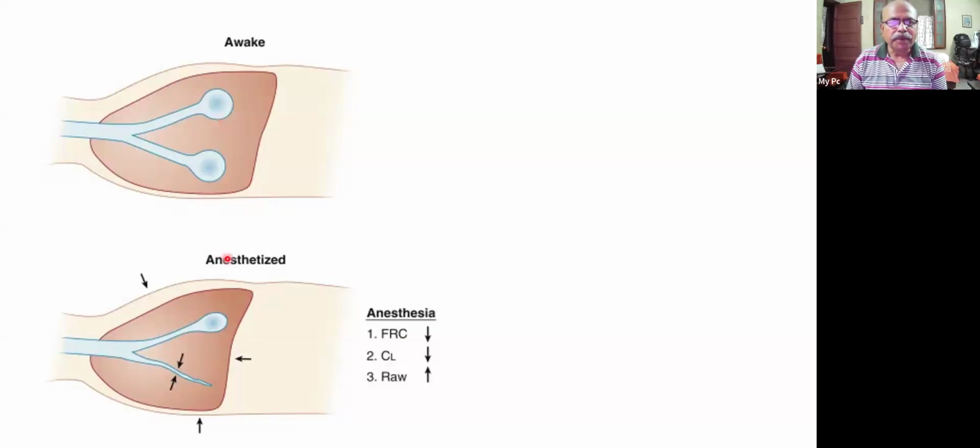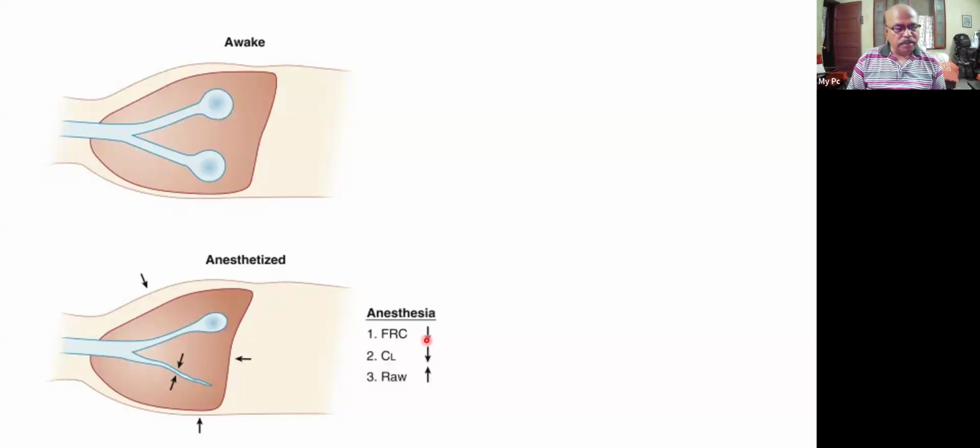When the patient is anesthetized, the surrounding structures cause the airways to collapse, and with further increase in time, the gases in the alveoli are dissolved, and there is a total atelectasis of these alveoli. And anesthesia causes what?